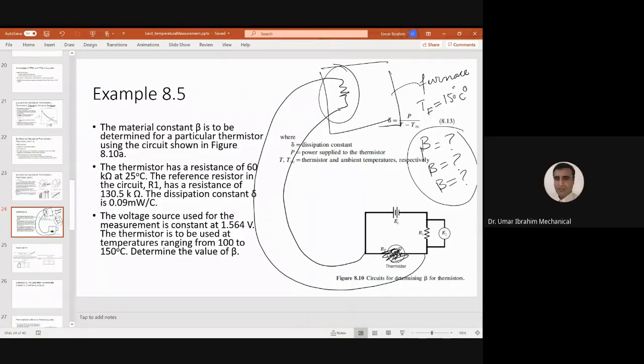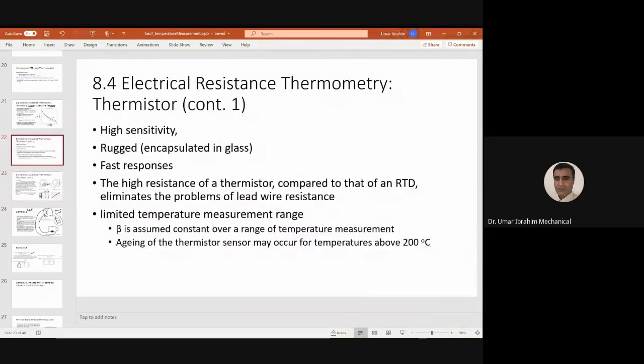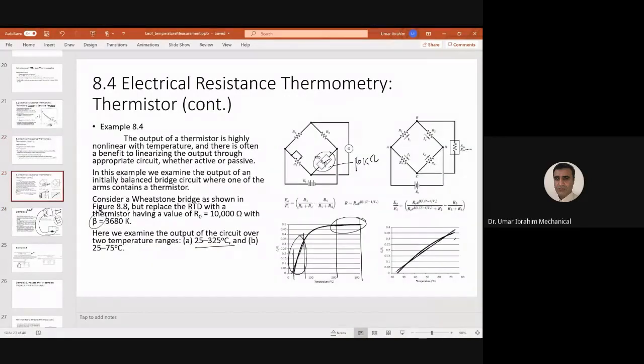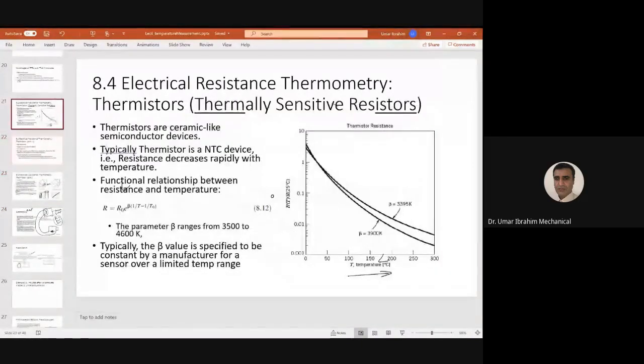Okay. Now, how do we find beta? If you see beta, formula हमारे पास क्या है? R is equal to R naught e raised to the power beta. Well, let me see. किसी को याद है formula? Beta 1 over T minus 1 over T naught.